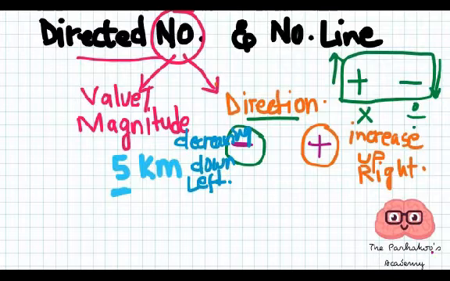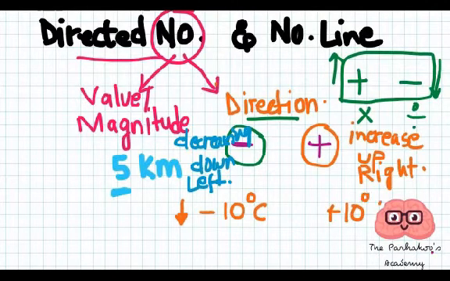If we are talking about temperature, let's suppose 10 degrees Celsius, with a negative sign it means the temperature is going down, it's getting cold. With the plus sign, plus 10 degrees Celsius, that means it's going up or increasing.